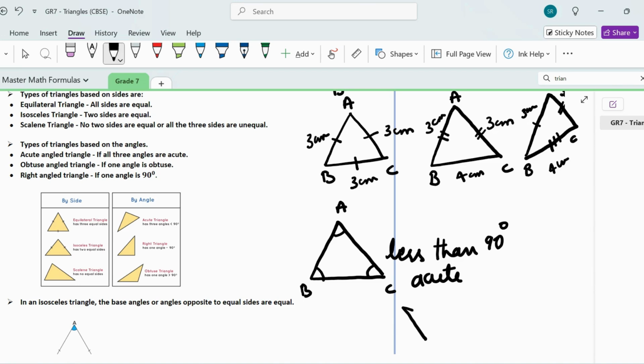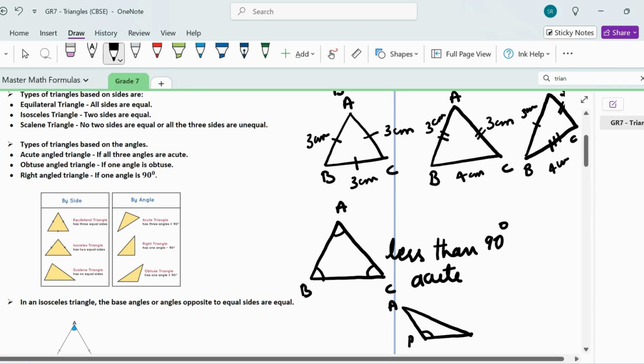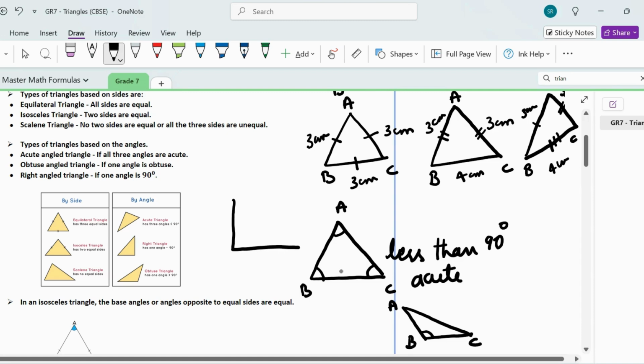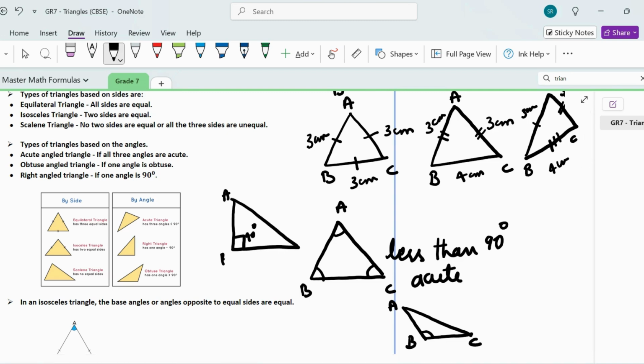If one of the angles is greater than 90 degrees and it forms an obtuse angle, then it is called an obtuse angled triangle. If one of the angles is 90 degrees, then it is called a right angled triangle. I hope it's clear.